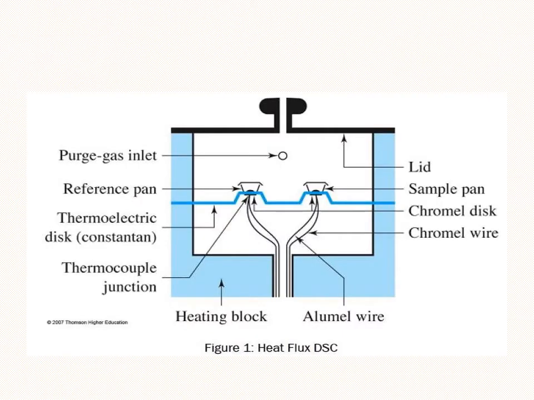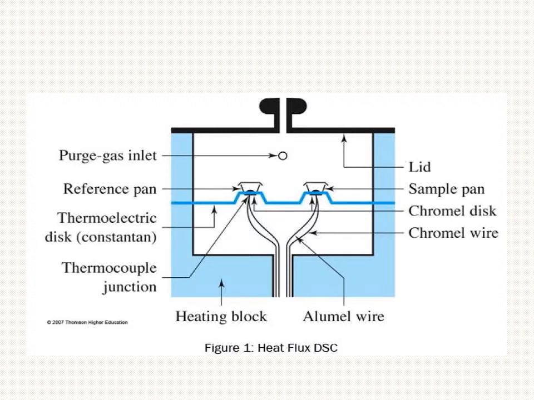In this diagram you can find the reference pan as well as the sample pan, and there will be a lid which closes so that the entire heat stays inside. A thermal disc and chromel wire are attached to both the reference and sample pans, and we have a thermocouple junction and also aluminum wire.